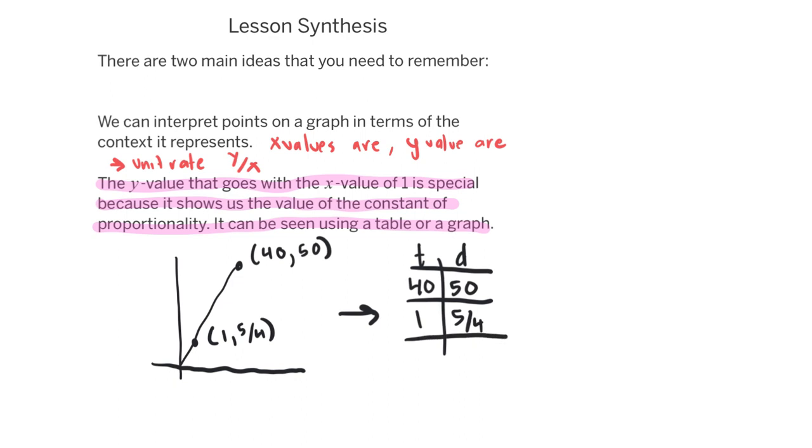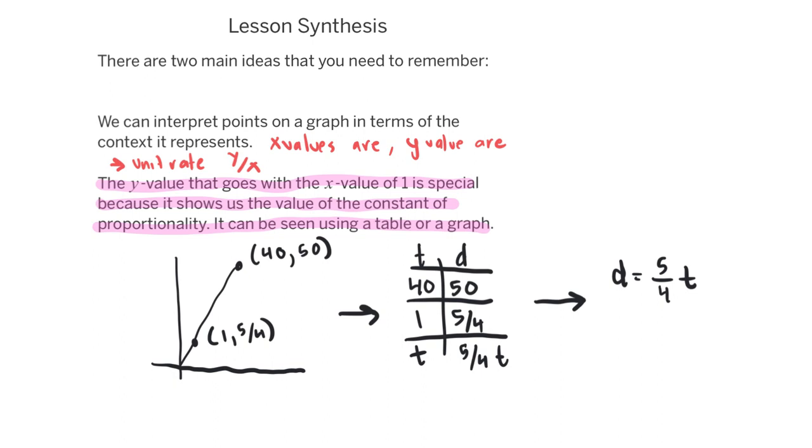We also took a look at the fact that the distance was 5/4 times the time, and that can also be represented as an equation. Our distance is equal to 5/4 times whatever time it is. So all three of these relationships relate together and they mean the same thing. Each one may be better in different situations, so we have all three ways to represent it.